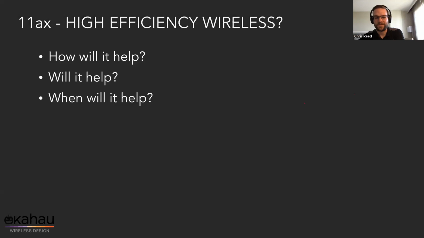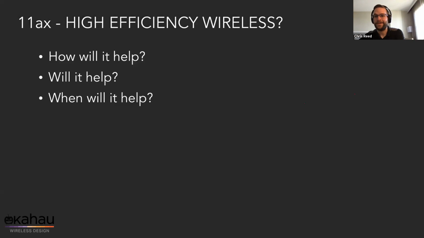But as far as when a stadium should update, that's a really tough one, because there's a lot that goes into that. There's actual hardware support when it's coming out, which particular models of access points are going to support it immediately, and then code-based stability as well.